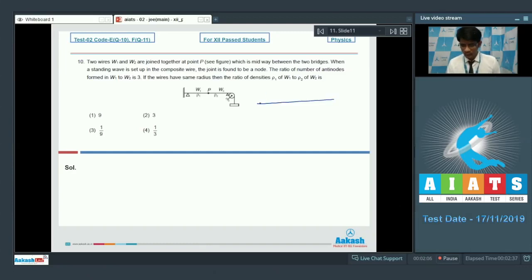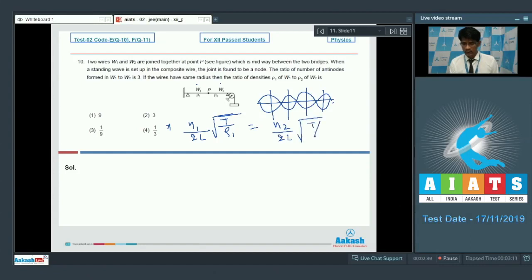What we know here is, if the wire is oscillating in the nth harmonic, then there will be n different antinodes in between. So simply the ratio of antinodes here to here has been given to be 3. Let it be vibrating in n1 mode, so it is n1 divided by 2l times the square root of T divided by ρ1, and on the other side it is n2 divided by 2l times the square root of T divided by ρ2.